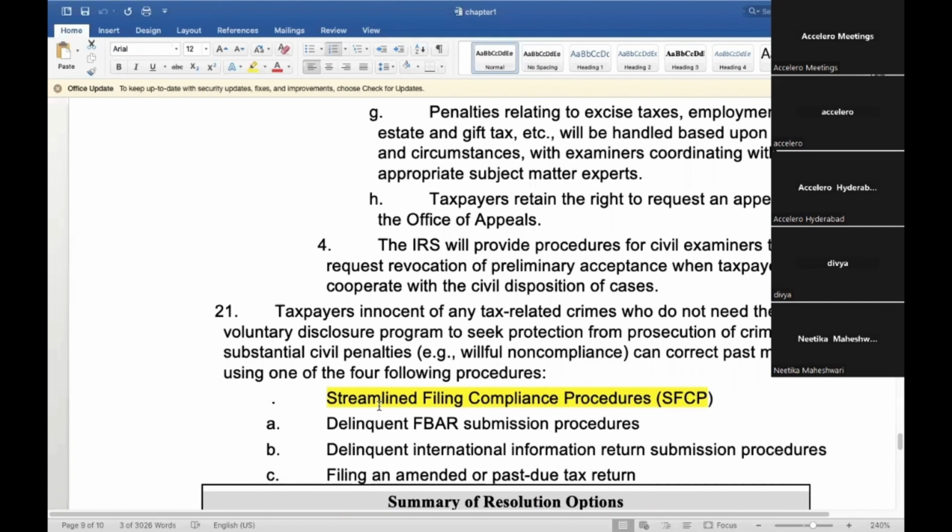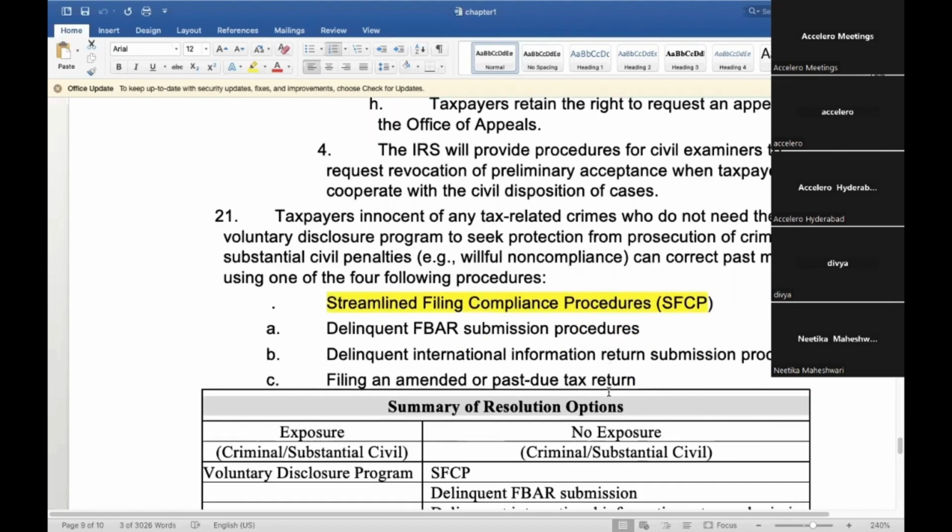This is what we talked about. The streamlined filing compliance procedure can be of two types. One is for people who are staying outside the US, which is called offshore, and the other one is domestic. It's available for both kinds.